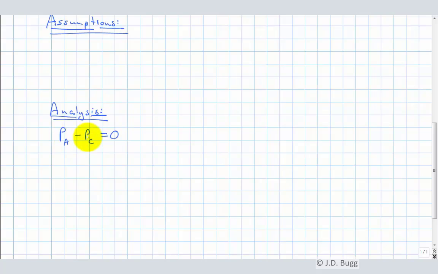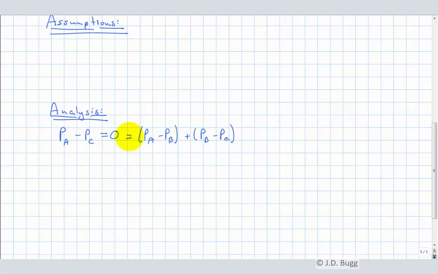Well, PA minus PC is a function of the pressure change in those two different fluids. So I'm going to break that down into PA minus PB as the first step, plus PB minus PC. Notice in this expression, the PB's cancel, negative there, positive there. So this is really just another way of saying PA minus PC.